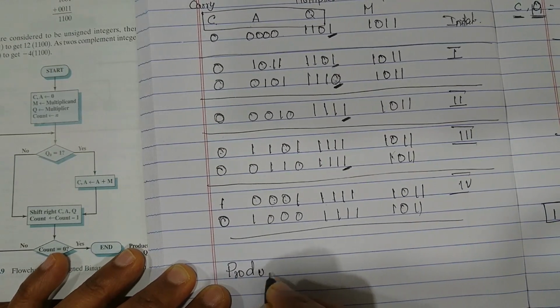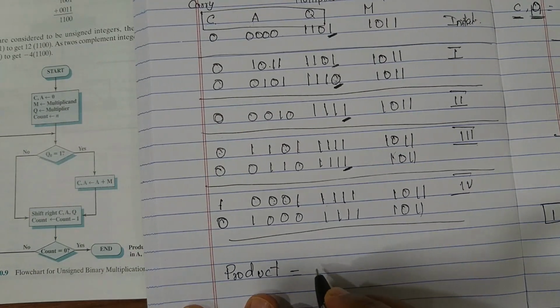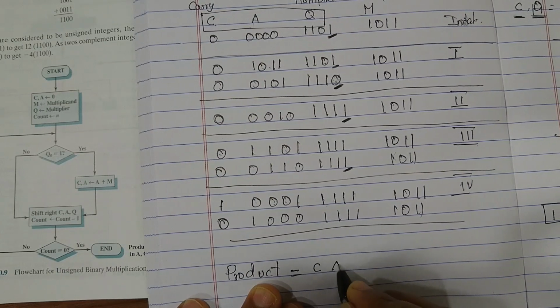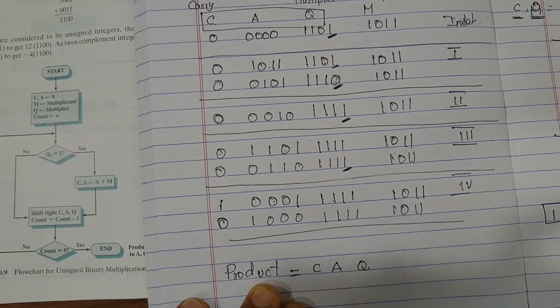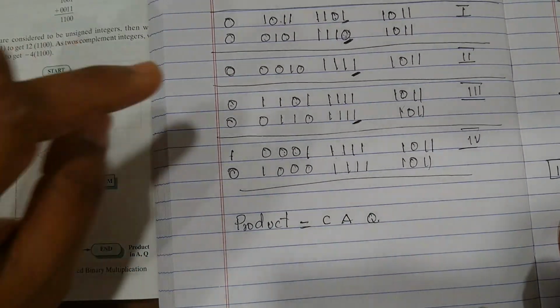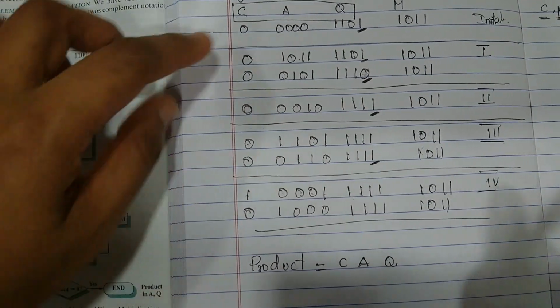Now let's see what your product is. The product is in the registers. Whatever registers C, A, Q contain is the answer. So what do my registers C, A, Q contain? C is here.